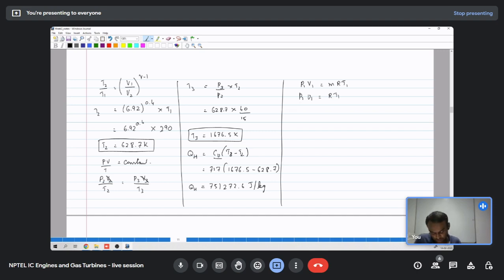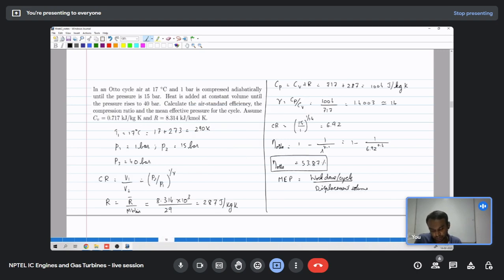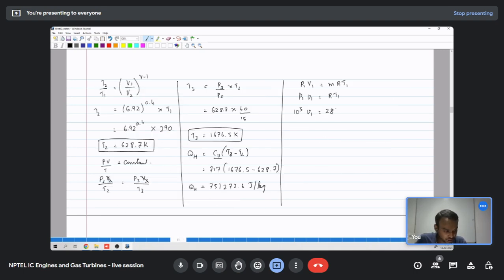Pressure at the first state is given as 1 bar, so that is 10 power 5 times V1 is equal to R, which we calculated as 287, and temperature is 290. So this is 287 into 290. That means V1 is 0.8323 meter cube per kg. So this is V1.